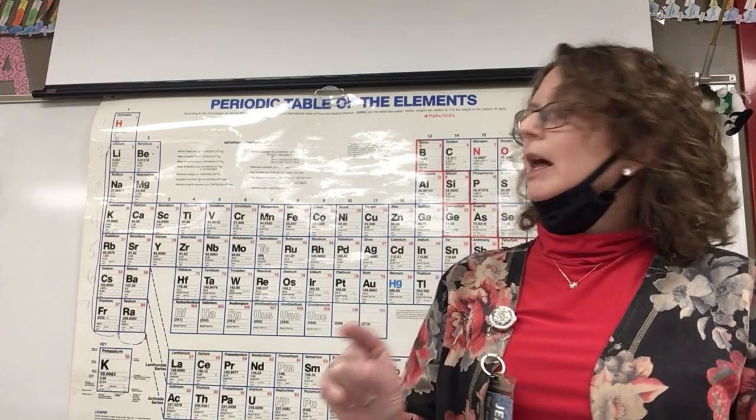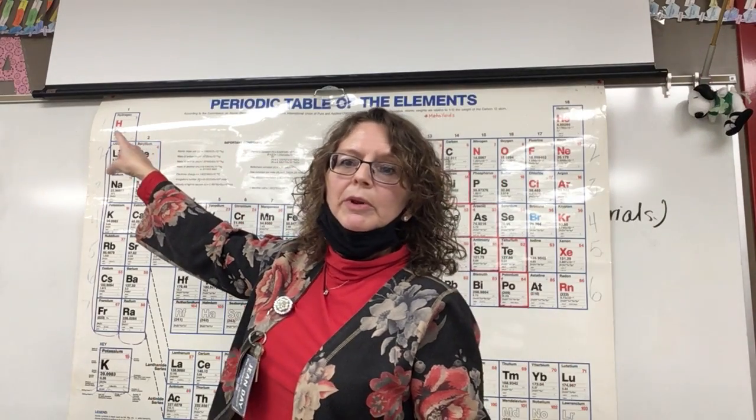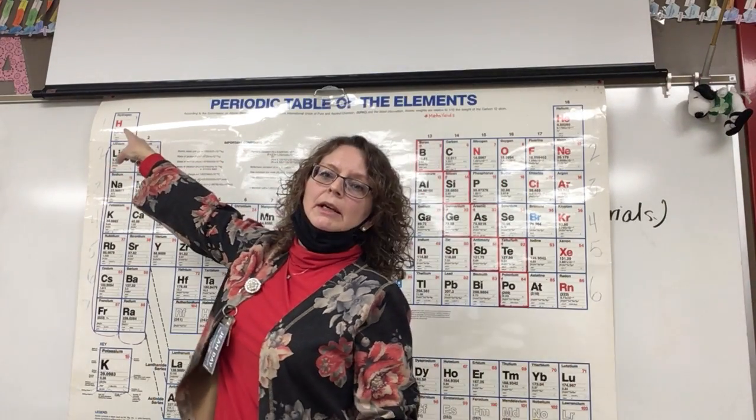So the first thing that you need to know is atomic number. The atomic number identifies the number of protons in the nucleus, and we learned about protons being located in the nucleus in the last lesson. And that identifies the element, because hydrogen is the only element on the periodic table with an atomic number of 1, because it's the only element that has 1 proton in the nucleus.